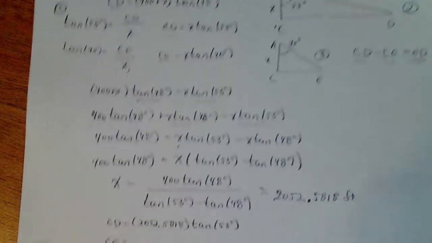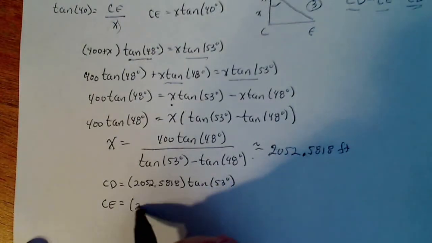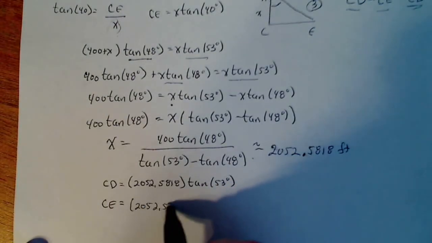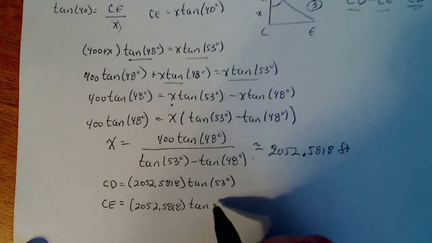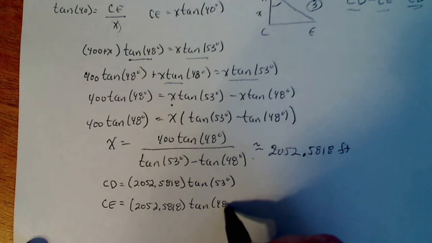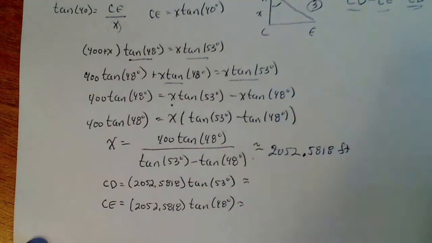So then down here, CE is equal to x times tangent of 48 degrees. So let's see what those values are.